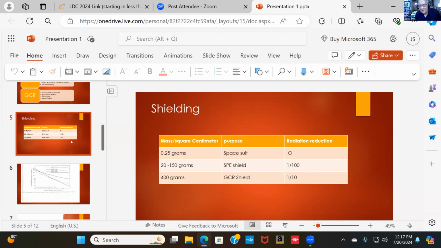In the case of galactic cosmic rays, though, we need on the order of about 400 grams per square centimeter to reduce the incoming galactic cosmic rays by a factor of 10. That shows the key difference between SPEs and galactic cosmic rays. We need much, much more shielding for galactic cosmic rays.